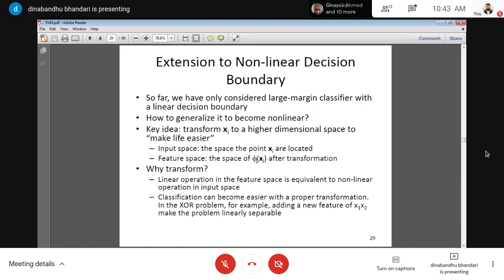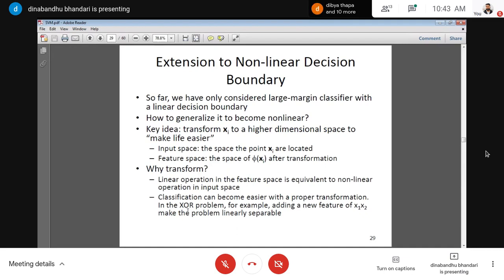Now, the main concept in modeling SVM for non-linearly separable data is that we will not be finding the boundary directly. Instead, we will take the data set from one space to another where it is linearly separable, and we will work in that transformed space, which we refer to as the feature space.